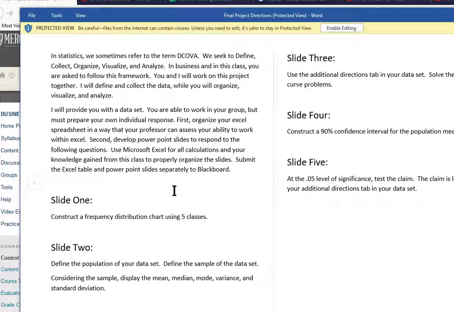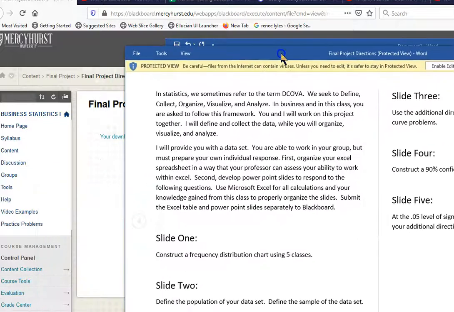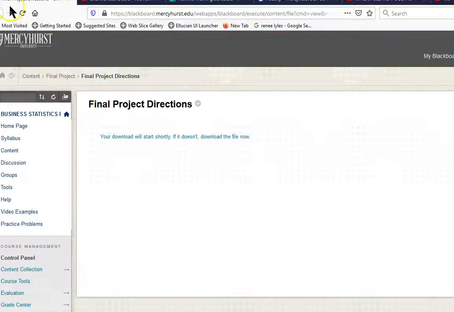Okay, so you're gonna have a first slide, like a header slide. Then slide one is going to be, you're going to construct a frequency distribution using 5 classes. Okay, and you've done this. Well, I'll show you directions here in a second. Okay, what I have here is, let's see, I'm going to go right here. Let's go back.